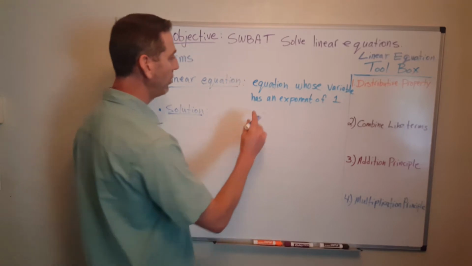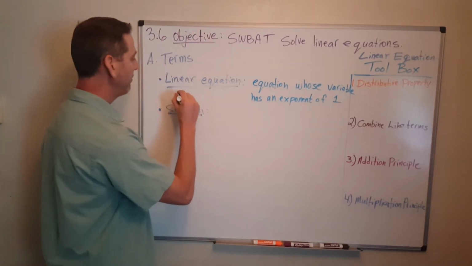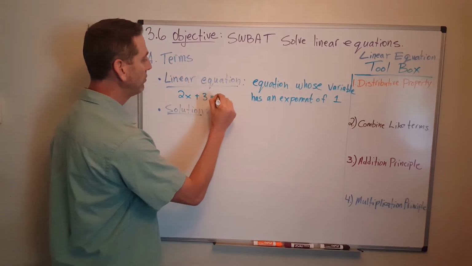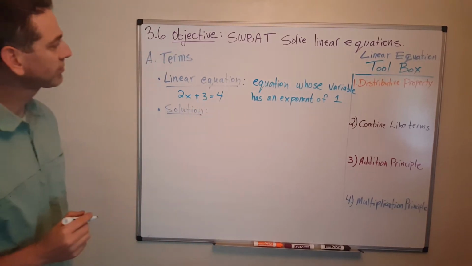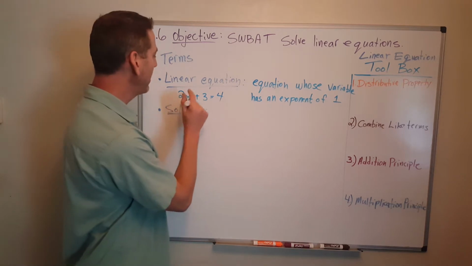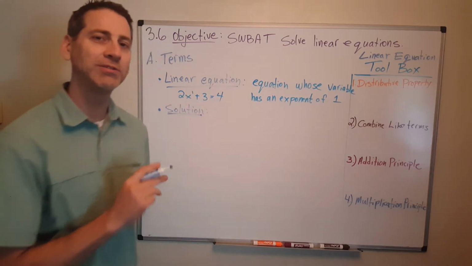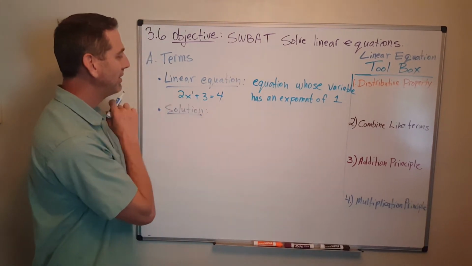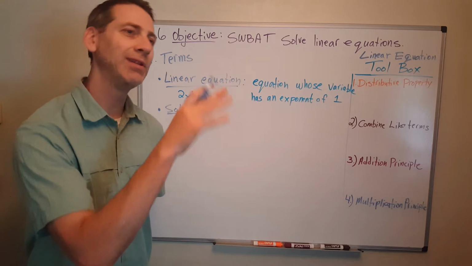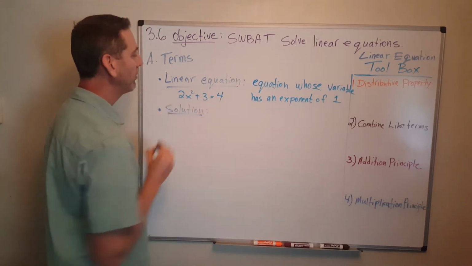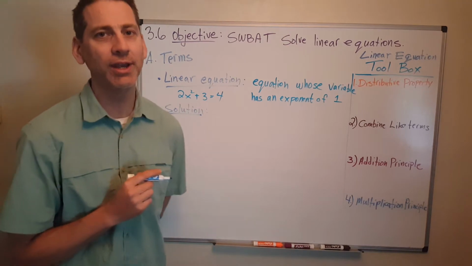So for example, if I have 2x plus 3 equals 4, if you look at the variable, the exponent actually is a 1. You don't see it, but it's actually a 1. So whenever you don't see an exponent, it means it's a 1. All right, if that was a 2, for example, that would not be a linear equation.